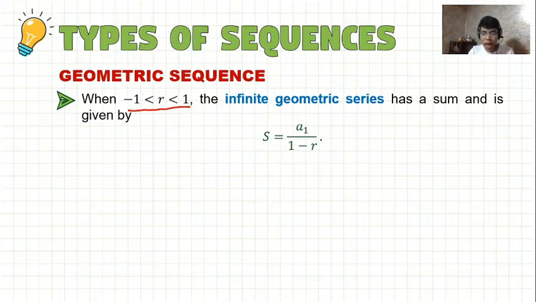So, meron siyang sum if your r is between negative 1 and 1 only. Okay, so that is the formula. So, wala na siyang sub n kasi hindi siya nag-terminate, hindi siya nagsa-stop. So, walang n. Okay? So, S is equal to a sub 1 over 1 minus r. So, that is for geometric sequence.